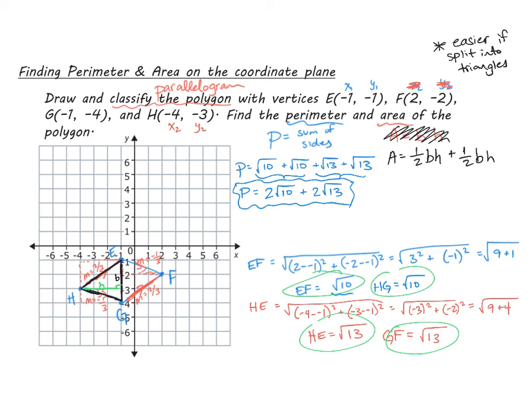So this triangle on the left is going to have a base of 1, 2, 3. And it'll have a height of 1, 2, 3. On the right side, we're going to have a base of, let's see, 1, 2, 3. And go perpendicular to that with your height. 1, 2, 3.